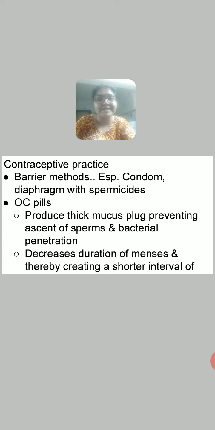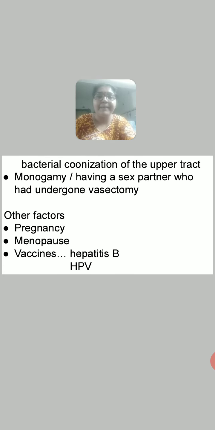Then oral contraceptive pills. How do they protect against PID? They produce thick mucus plug, preventing ascent of the sperms and bacterial penetration. They don't allow the ascent of the sperms, also don't allow the bacterial entry into the female genital tract through the mucus plug. They also decrease the duration of the menses and thereby create a shorter interval of bacterial colonization of the upper tract.